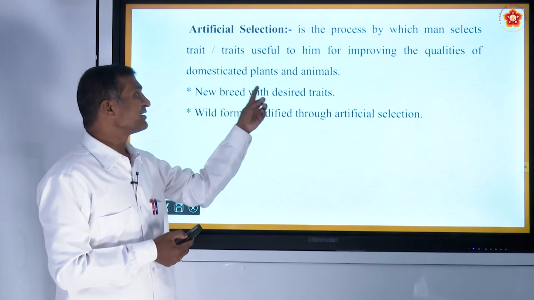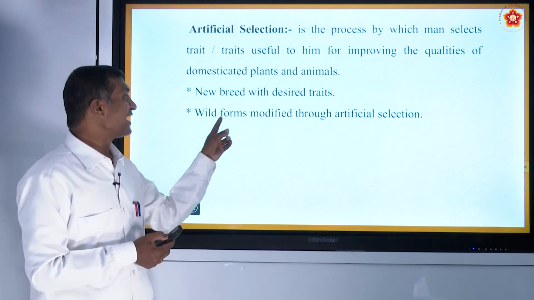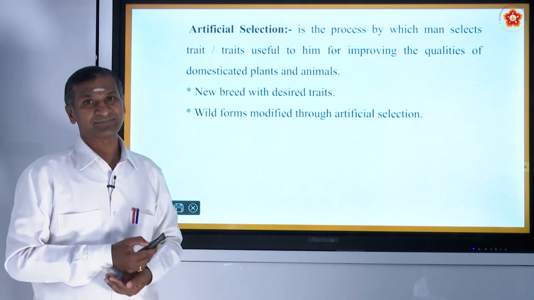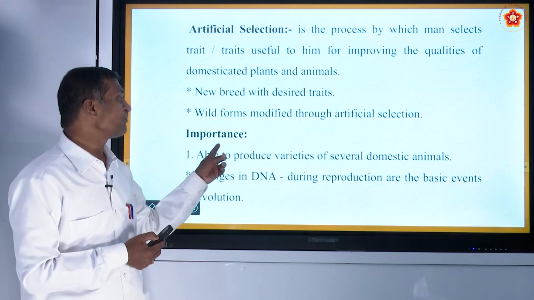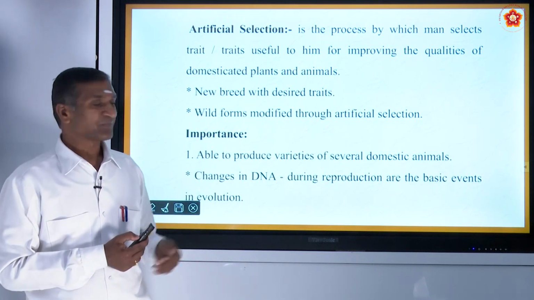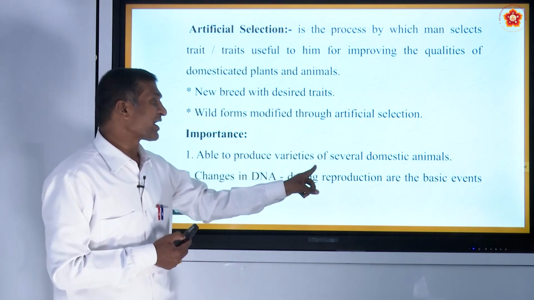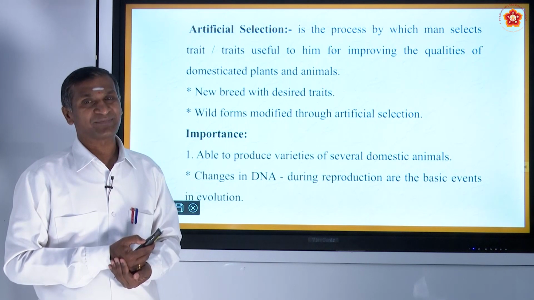New breeds with desired traits we get. Wild forms are modified through artificial selection for our benefit. What is the importance of this? The importance is being able to produce varieties of several domestic animals.